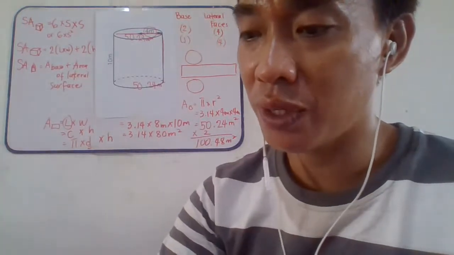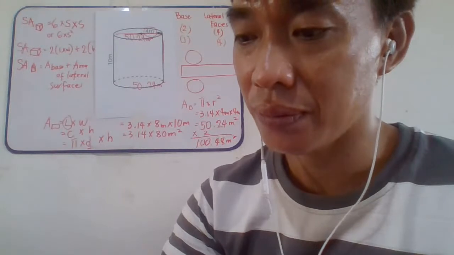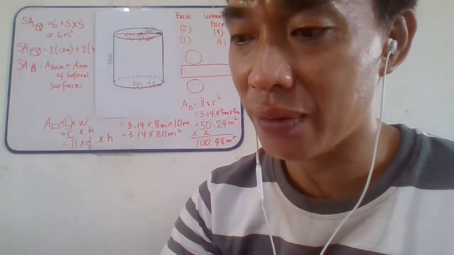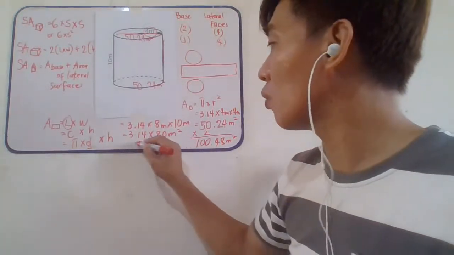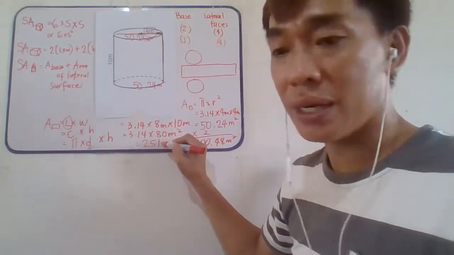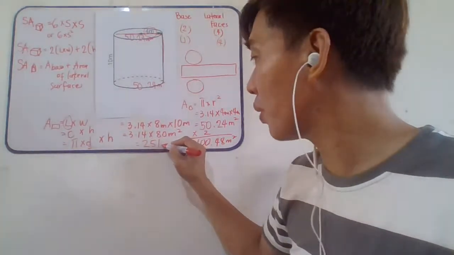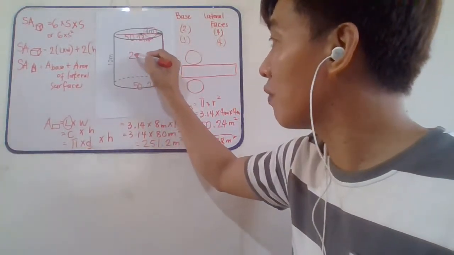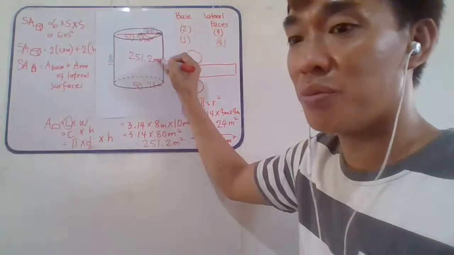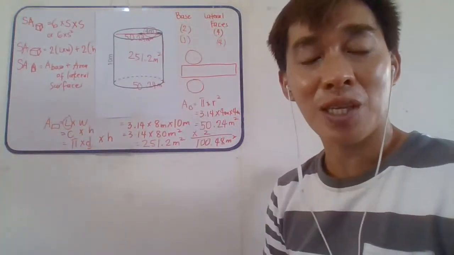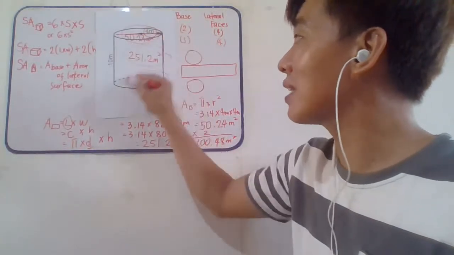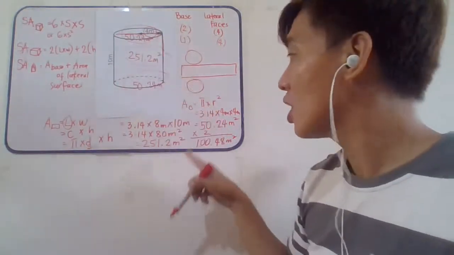So 3.14 times 80 meters squared. So that would give us 251.2 meters squared. So after that one, the next thing that you have to do is just add. You will just get the sum of all the surfaces.